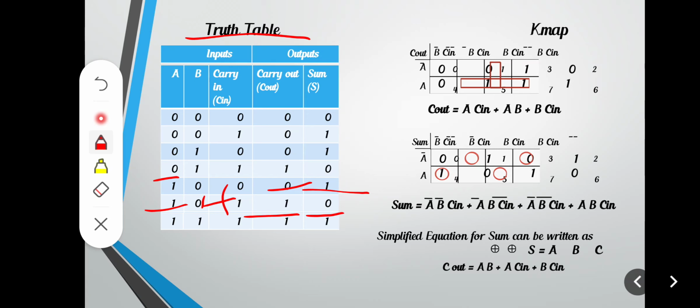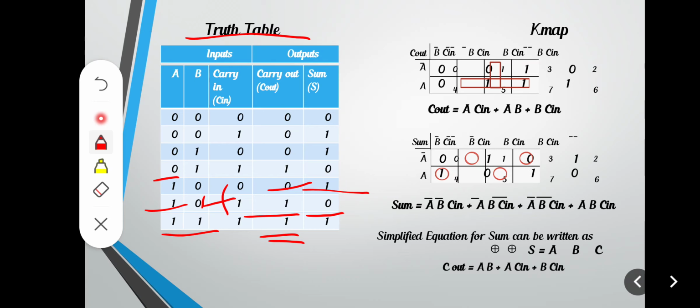Similarly, in the seventh row, 1 plus 1 is equal to 0 with 1 as a carry and then 0 plus 0 is equal to 0. That means here the sum bit is equal to 1, while the carry bit is equal to 1.